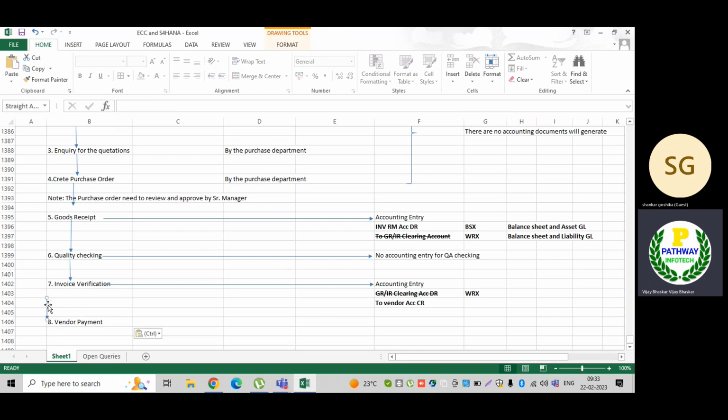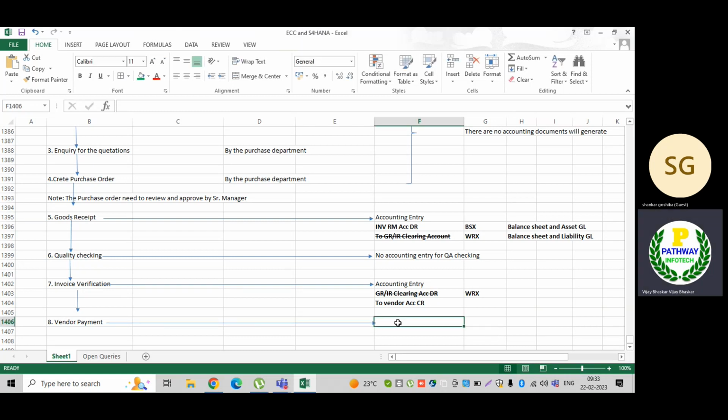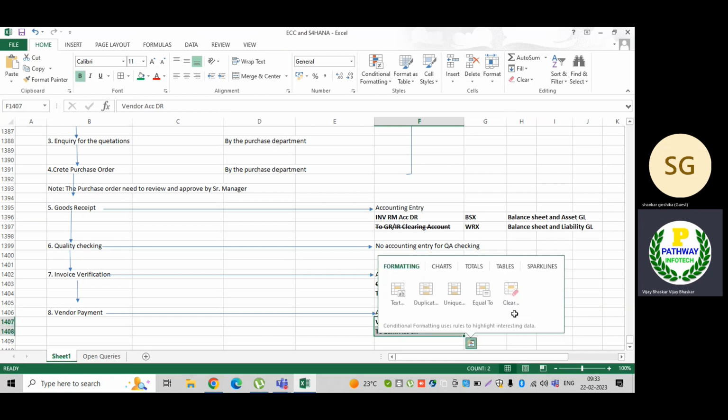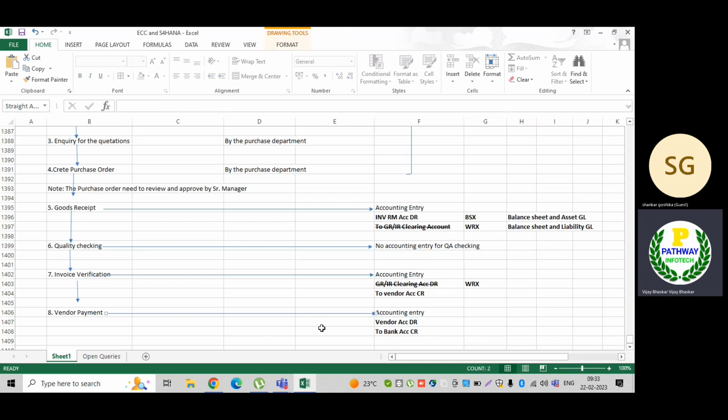Whenever we make payment to the vendor, the vendor will be debited and our bank account will be credited. Until here the process ends, the MM and FI integration process.